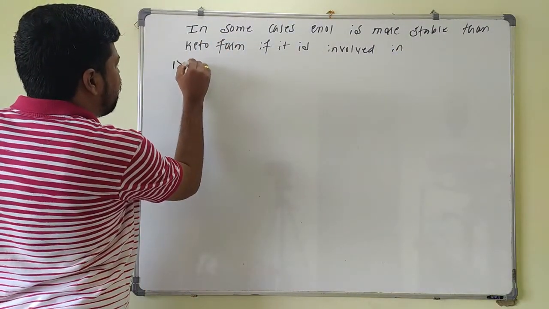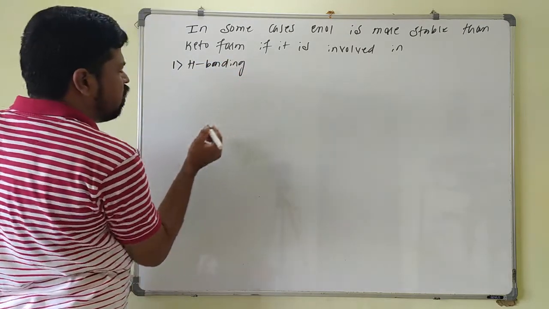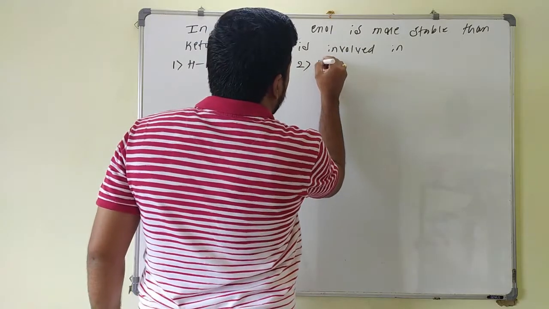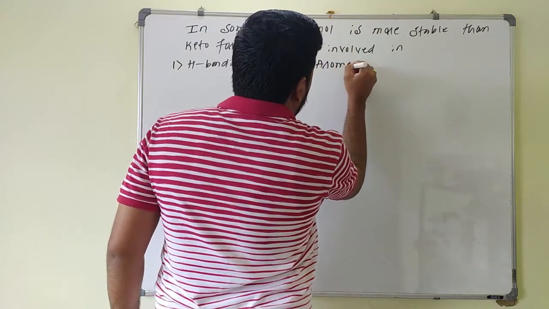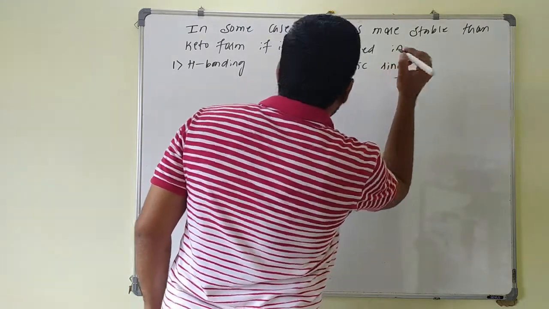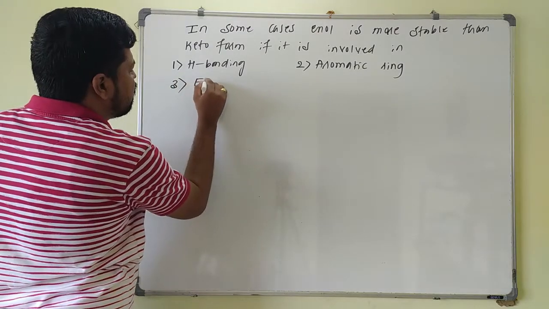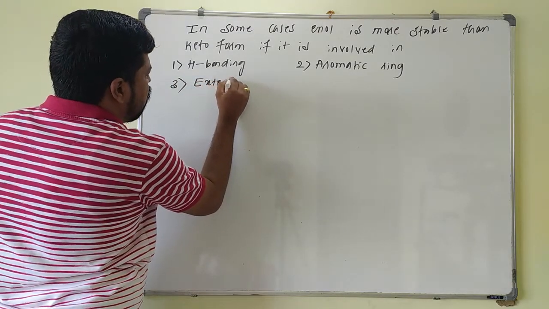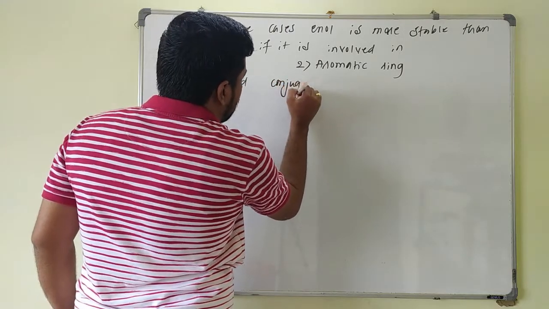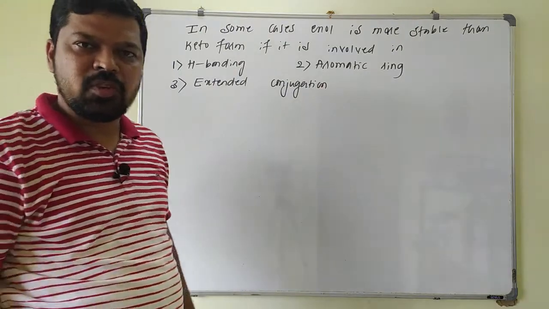So the first one will be hydrogen bonding, or if it is involved in formation of an aromatic ring, or the third condition is involved in the extended conjugation. In these three cases, enol becomes more stable than the keto form.